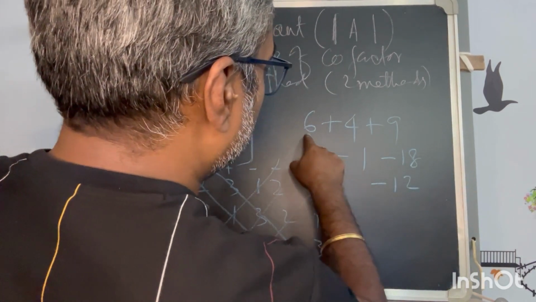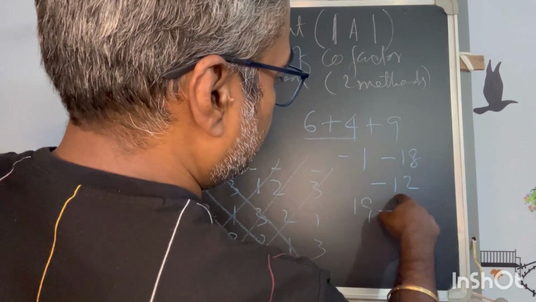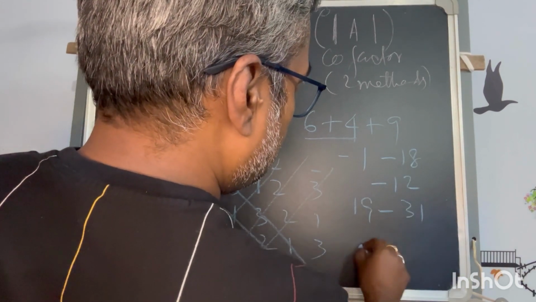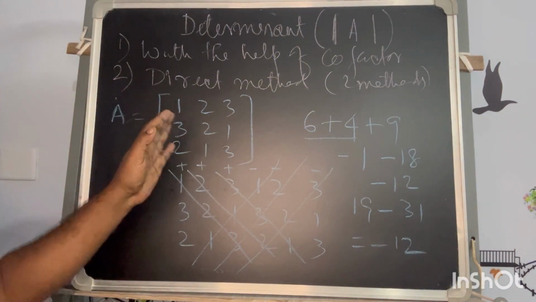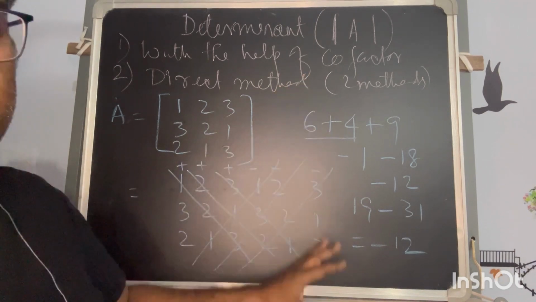So let me calculate. This is 10 plus 9, 19, minus 18 plus 12 is equal to 30, minus 1 is 31... If you calculate, you will get 12. So this is another way of calculating the determinant of a matrix by the direct method.